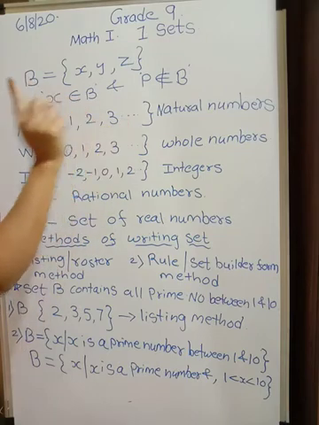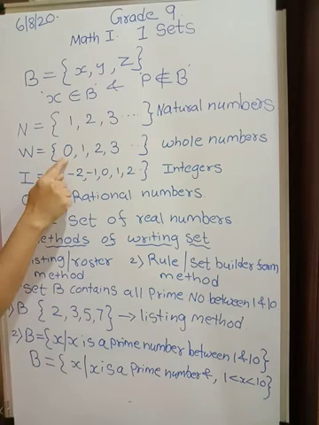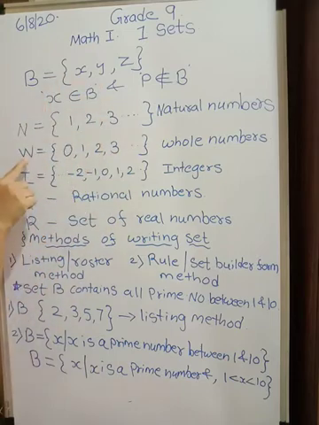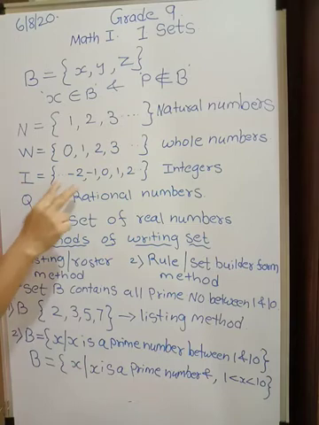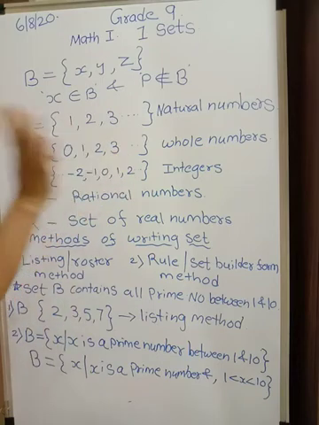This is indefinite. Now W is a set of whole numbers, 0 and all natural numbers. So 0, 1, 2, 3 and so on. This is a set of whole numbers. Remember the letters. I is set of all integers. Negative, 0, positive. All numbers. Alright, infinite numbers.